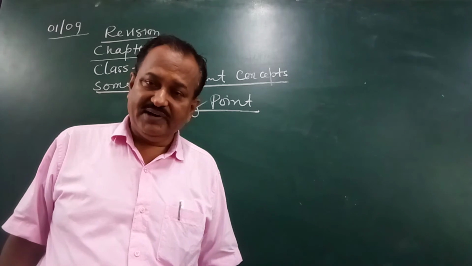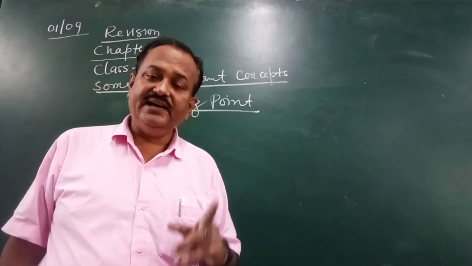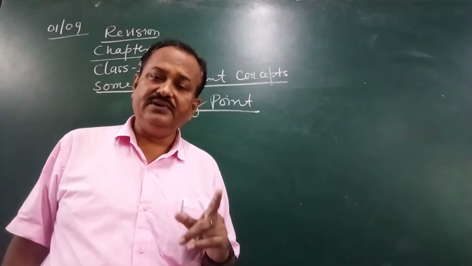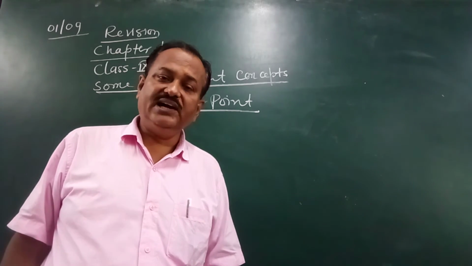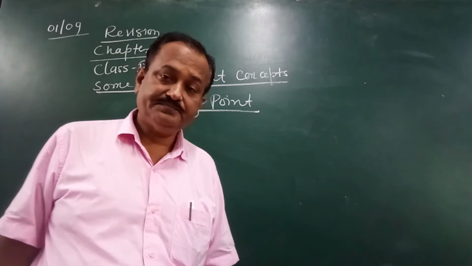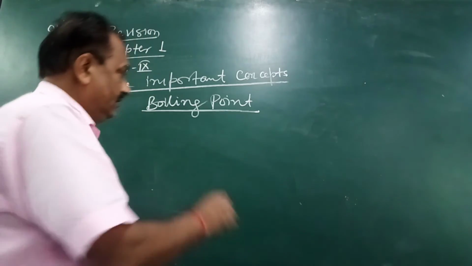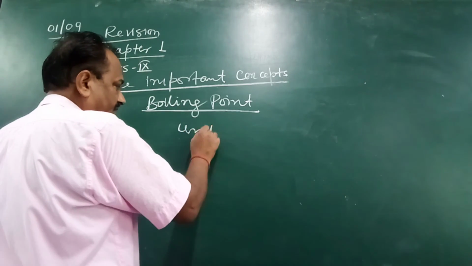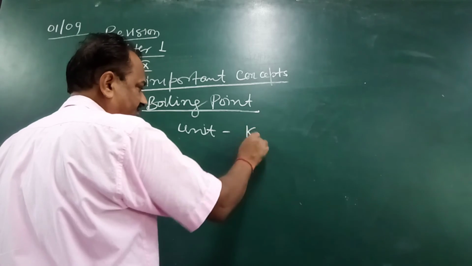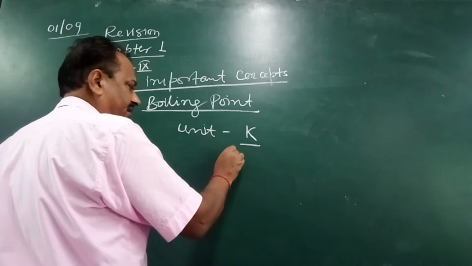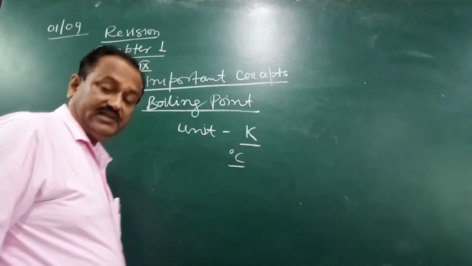Boiling point may be defined as the temperature at which vapor pressure of a liquid becomes equal to atmospheric pressure. Is that clear? Now its unit is Kelvin. It can be measured in degree Celsius.